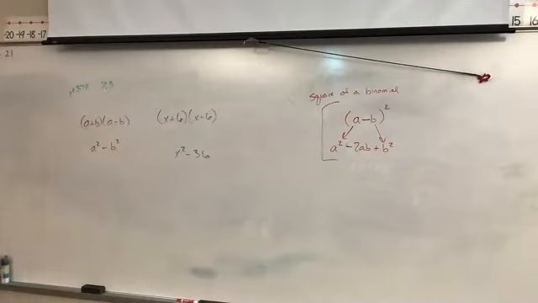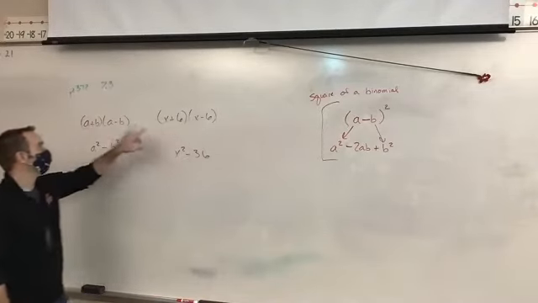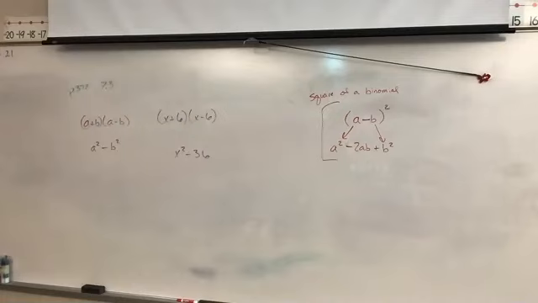Why can't you just do negative 6 times 6 to get your answer? You could, if you want to think about it that way, that's fine. Because it's going to give you that same thing. However you want to think about it. This one is definitely a lot quicker, a better shortcut.